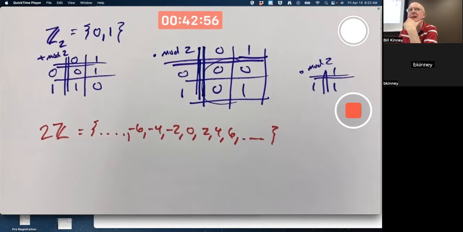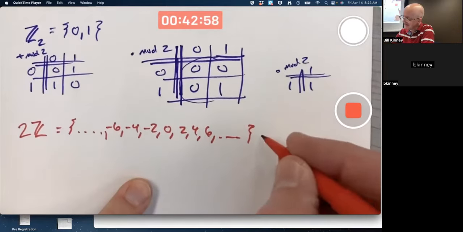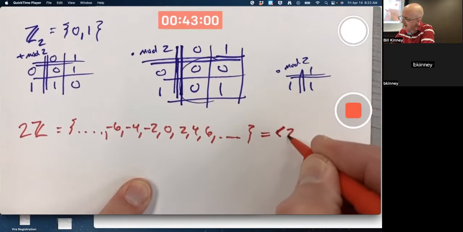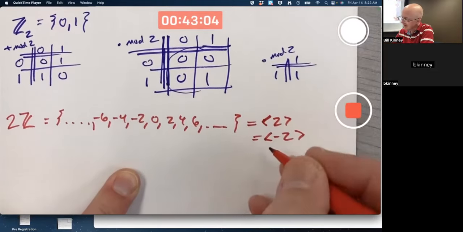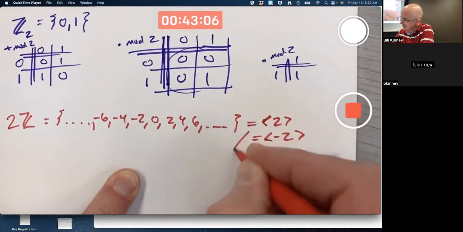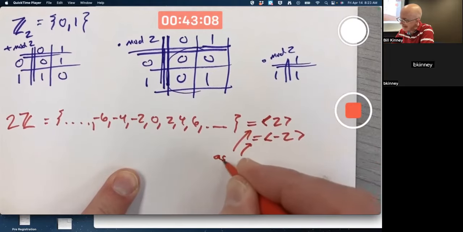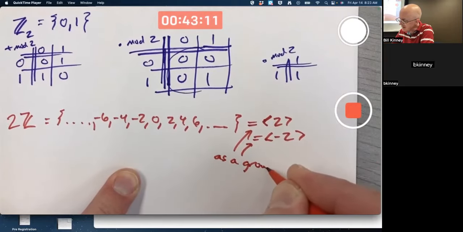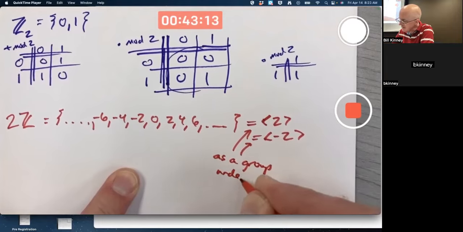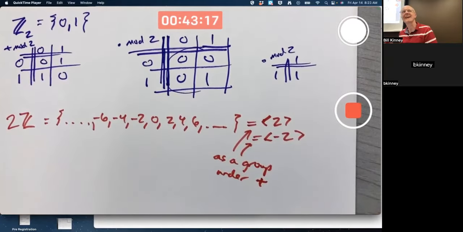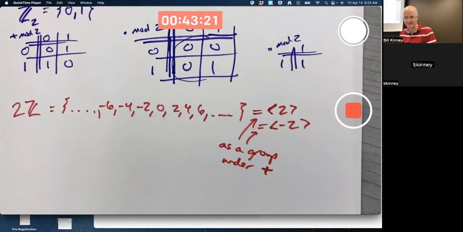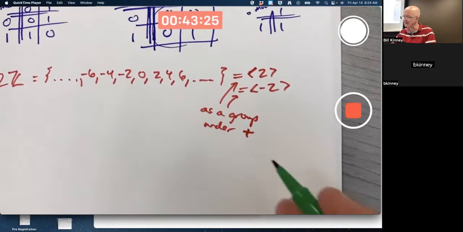Weird, but true. The generators are 2 and -2, as a group under addition. It's isomorphic to Z. What's an example of an isomorphism? This is just a side comment, but a worthwhile side comment.